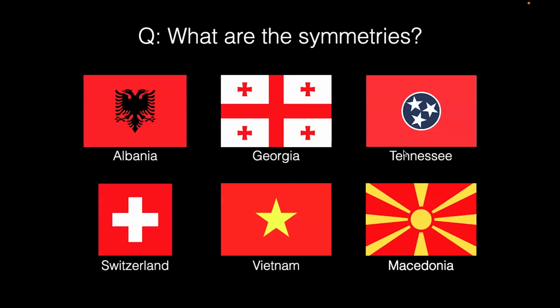All of those flags can have mirrors? Yeah, all of the flags can have mirrors. Definitely Albania, between the two heads. Yeah, Albania has this nice symmetry line through here. Anyone else? Any other symmetries?